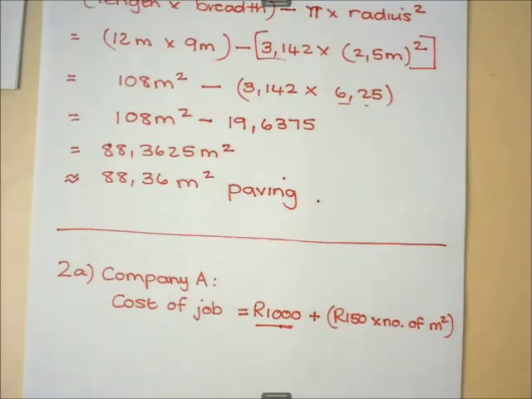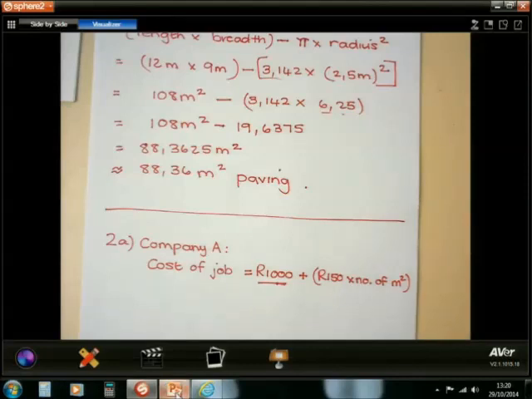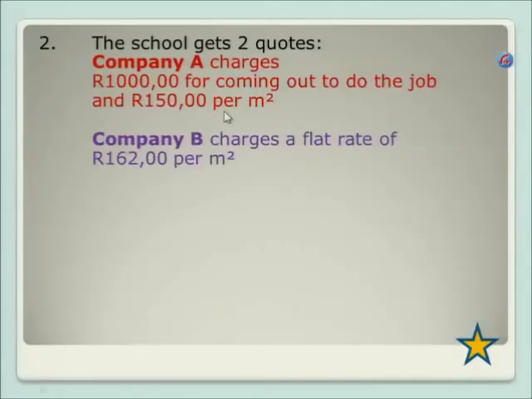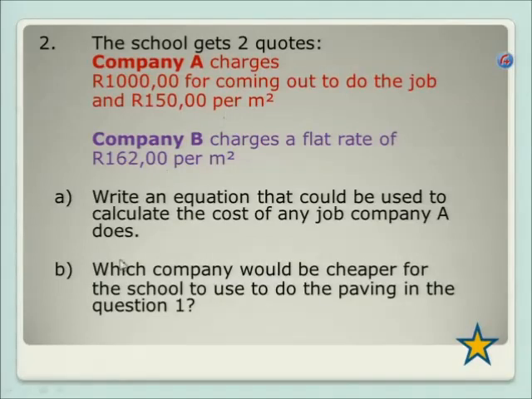We're going to go back and look at the next part of that question. Next one, B says, which company would be cheaper for the school to use to do the paving in question 1? So now you've got a formula for Company A, but you have to write a formula for Company B as well.